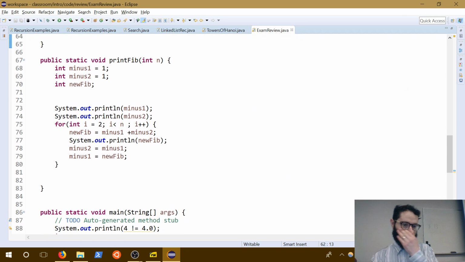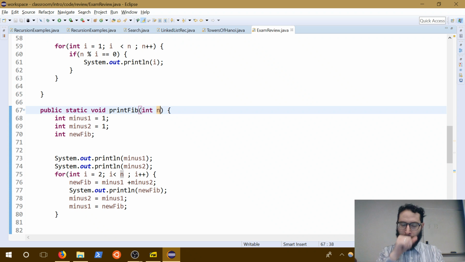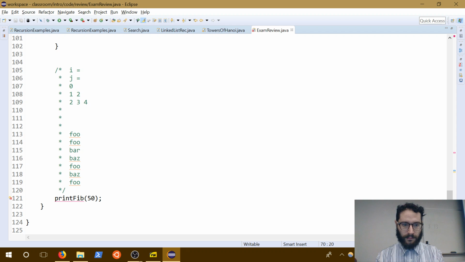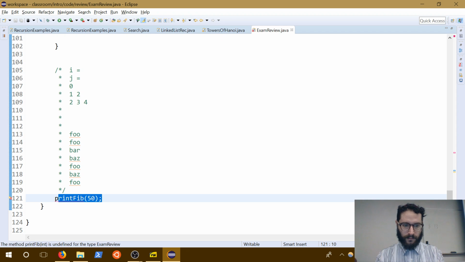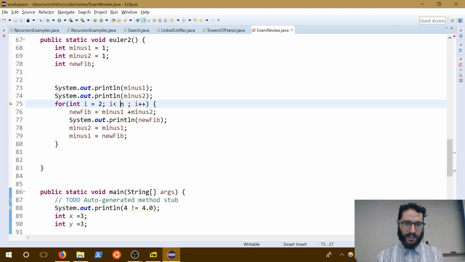Okay? So let's go ahead and modify our method. Euler 2 doesn't need to take in an argument anymore. And what it's going to do is run until we get, basically, so now this can change our condition.